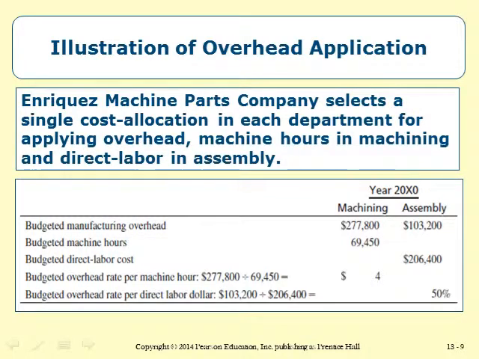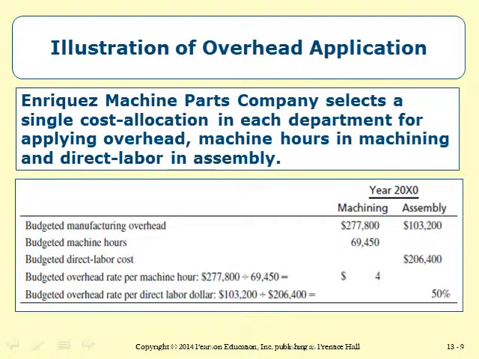And so if we skip the next line and drop down, we see a budgeted overhead rate per machine hour of $277,800 divided by these budgeted machine hours of 69,450, which gives us a budgeted overhead rate per machine hour of $4. And so for every actual machine hour that is incurred during the year, we apply $4 of budgeted manufacturing overhead.